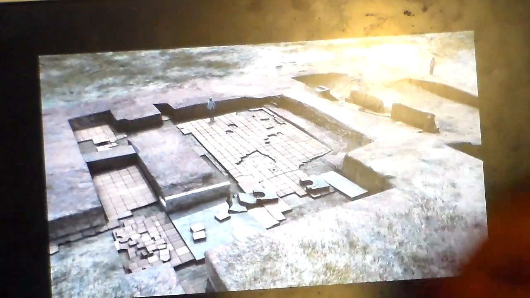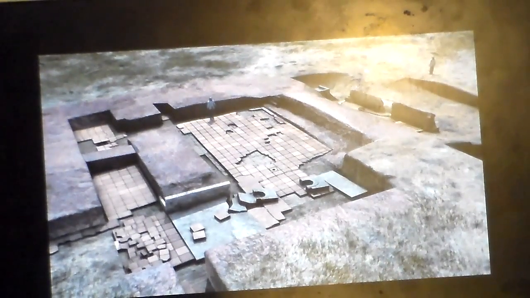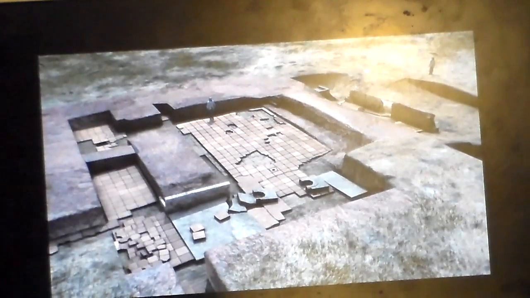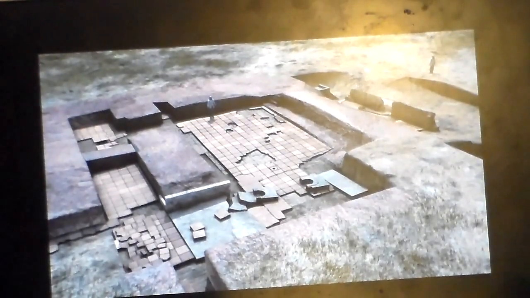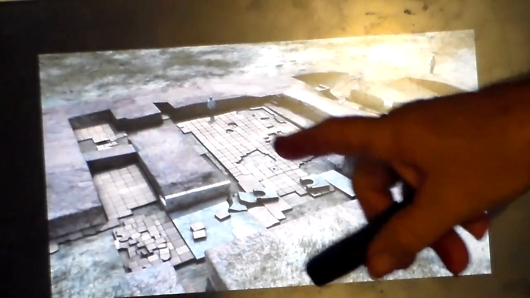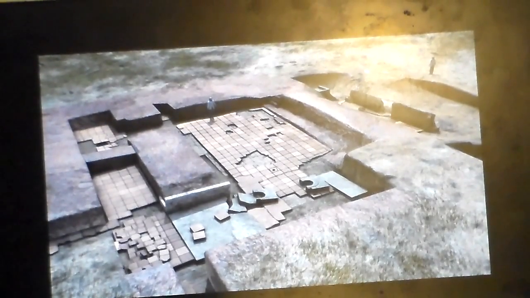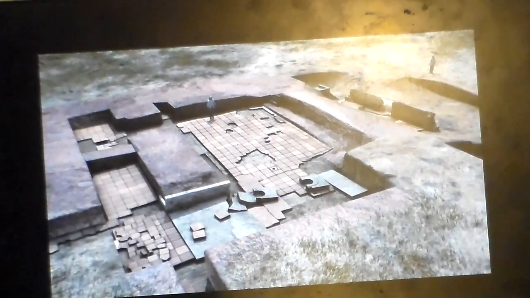These are stones that were cooked in those ovens. Now, this is a floor in the palace that was produced by melting this silicon sand.